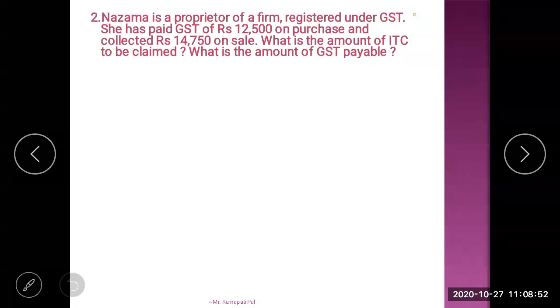What is the amount of ITC to be claimed? What is the amount of GST payable? So what should we know here? What is given here? Yes, correct. Input tax is given, output tax is given, correct?